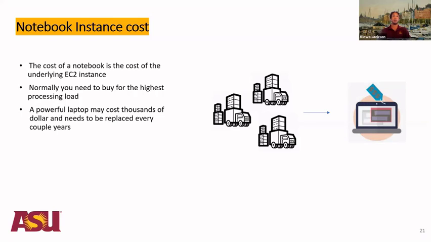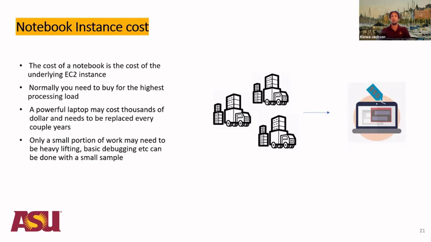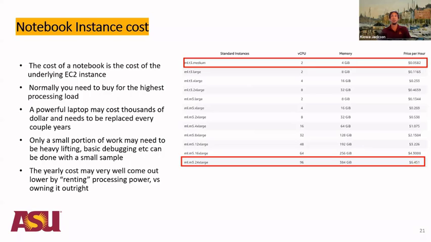You need to buy a laptop that can handle the most complicated and process intensive part. But in reality, most of your project you will not be using max capacity. That's usually just for the final training part. The rest of the time you're debugging and setting things up, and you can use just a sample of the data to run it quickly on a smaller instance.